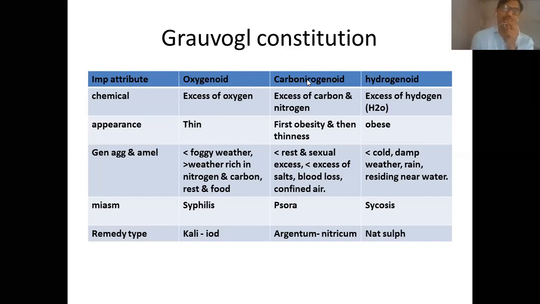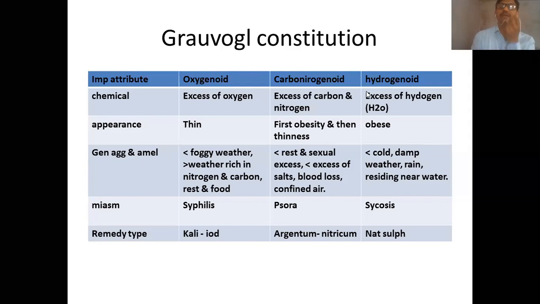And the Hahnemannian miasm corresponding to this constitution is psora. Now, it was Grauvogl's first contribution, and later Hahnemann had given the various types of miasm, and the comparison was made by J.H. Clarke only for the sake of easy understanding, so that we can easily relate to psora.